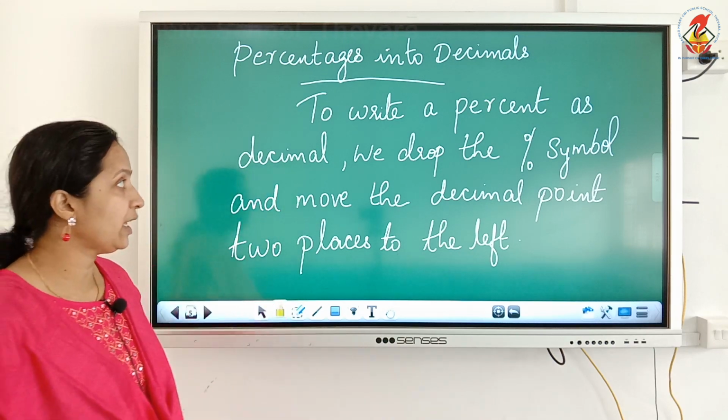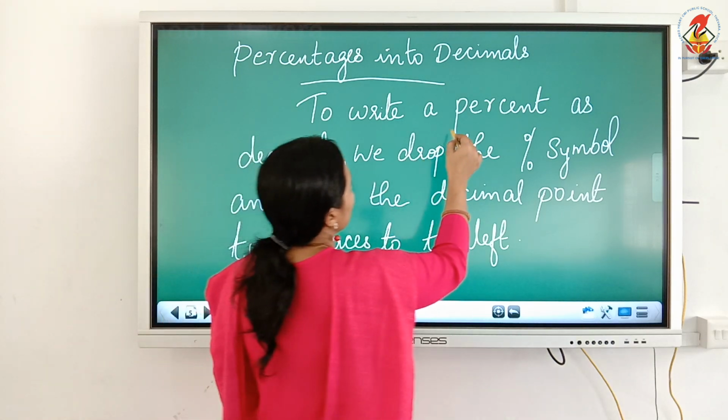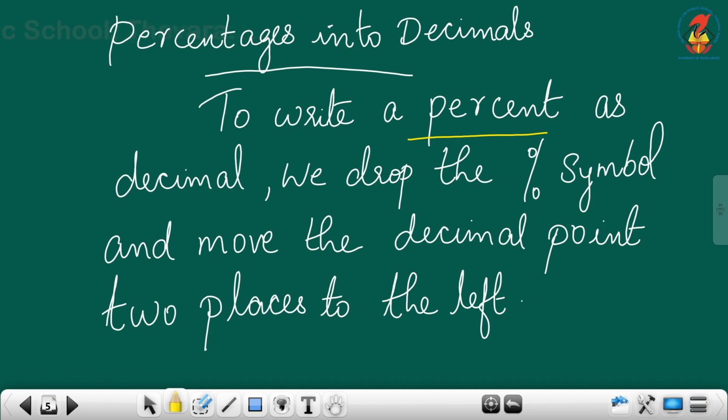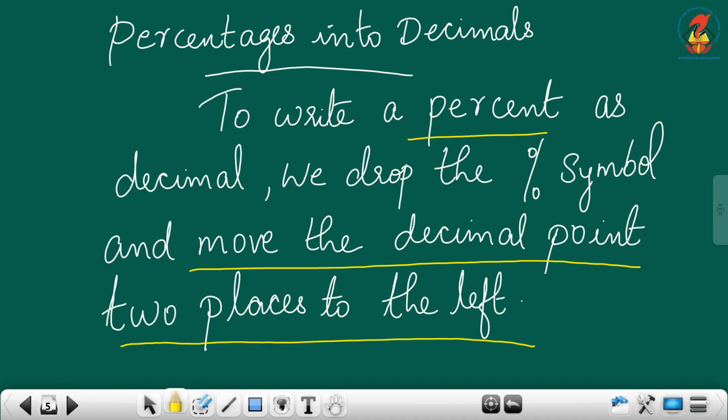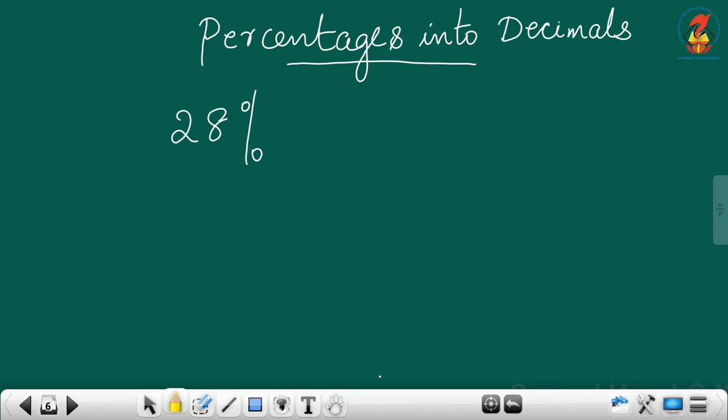Okay. Now, in the same way you can convert percentages into decimals. And how will we do that? To write a percent as a decimal, we drop the percentage sign and we move the decimal point 2 places to the left. Just look at one example children, 28%. What is the first thing?